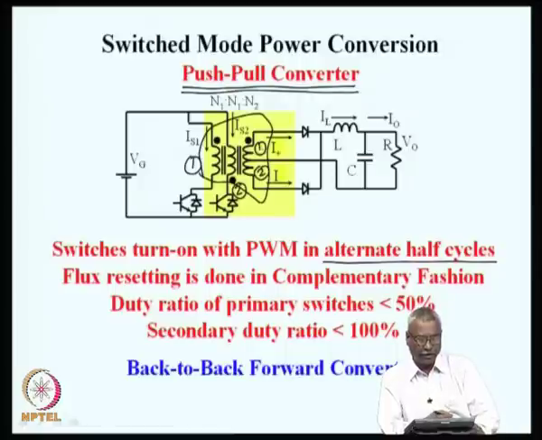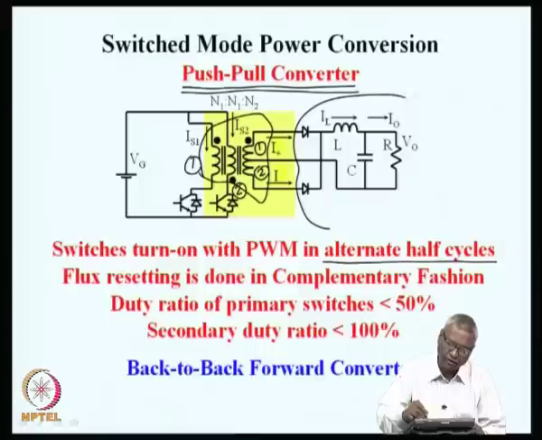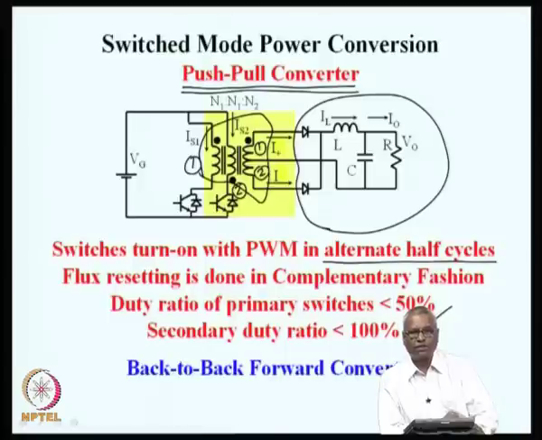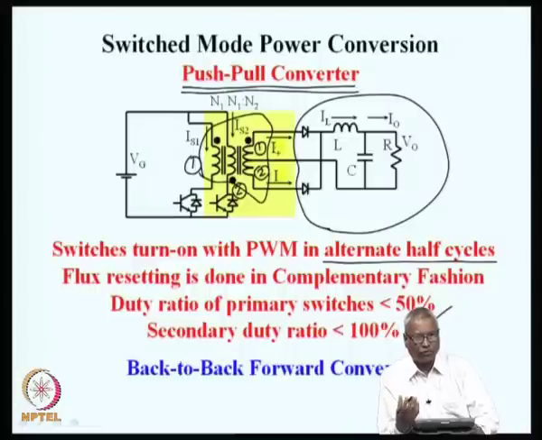So, we find that the duty ratio on the secondary side, as far as what we see on the secondary side, is really 100%, even though each half of the primary switches operate at the most at 50%. So, because of this the duty ratio can go to 1, and one of the limitations of this isolated circuit is overcome.